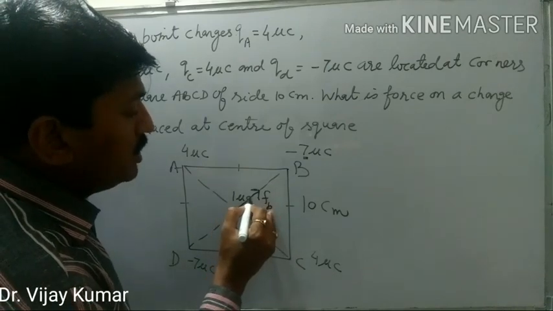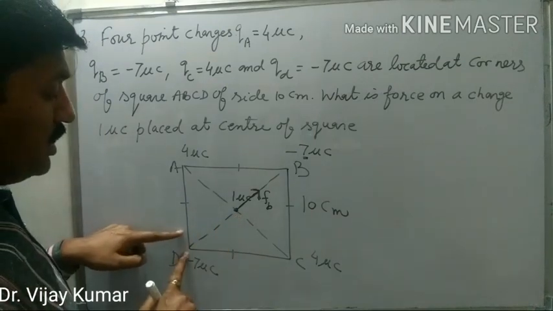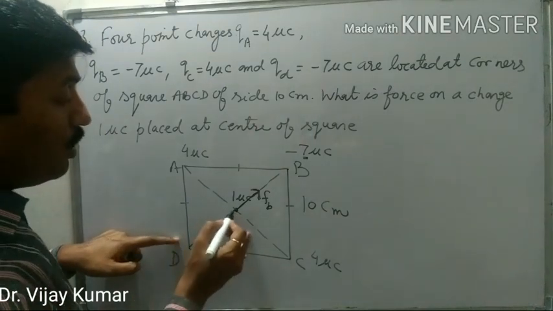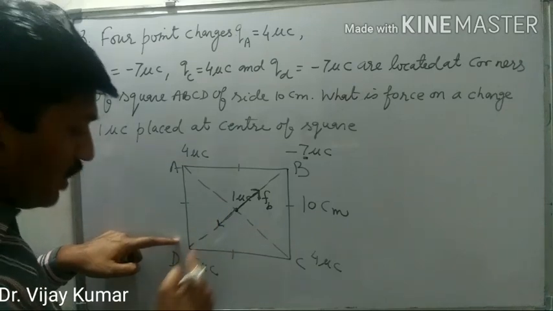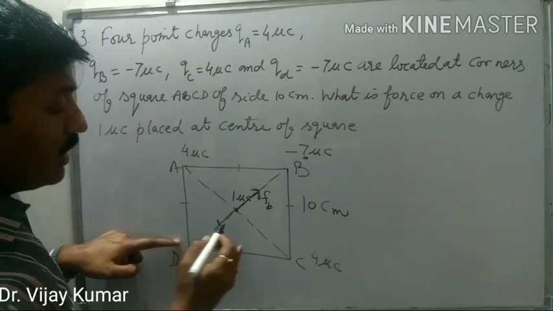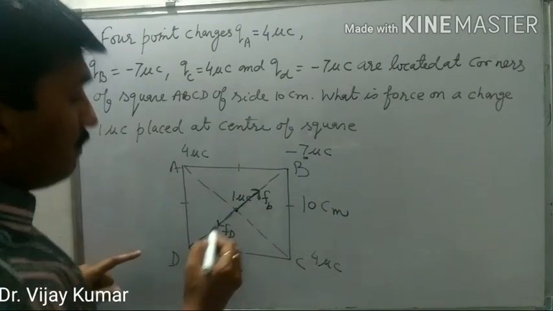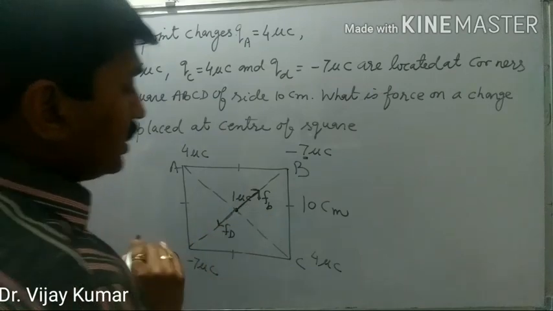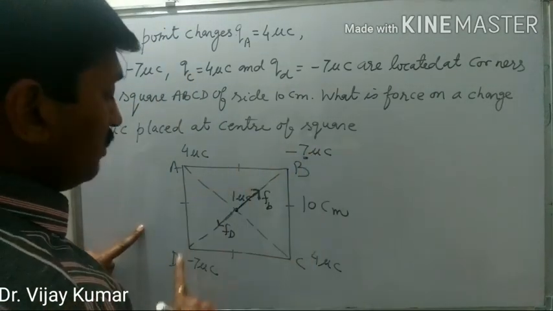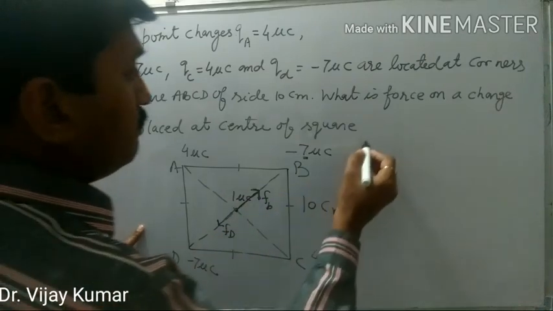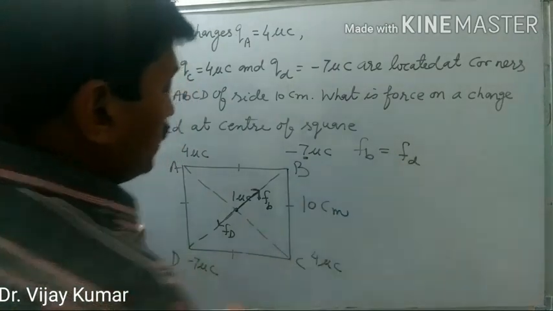Similarly, this is positive and this is negative, and the force due to this charge is again in this direction, so it is FD. FB and FD are opposite to each other, and as both charges are the same in magnitude, FB is equal and opposite to FD.